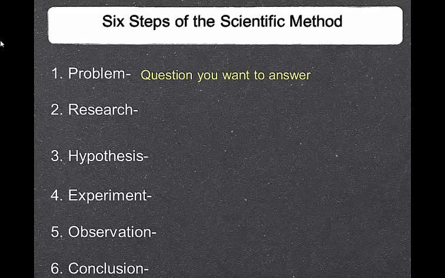That's the first step. Second step then is you need to do a little bit of background research before you can start setting up your experiment. Gather some other information to help you prepare.